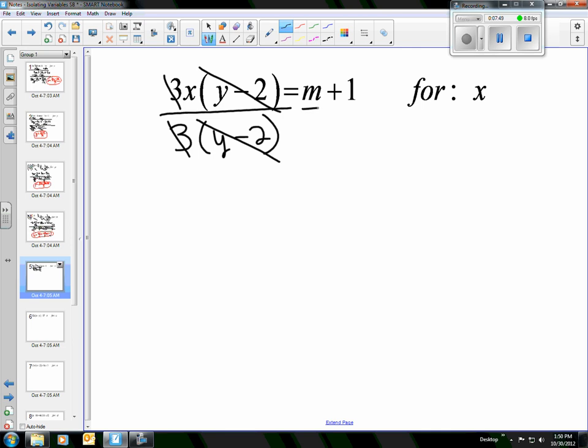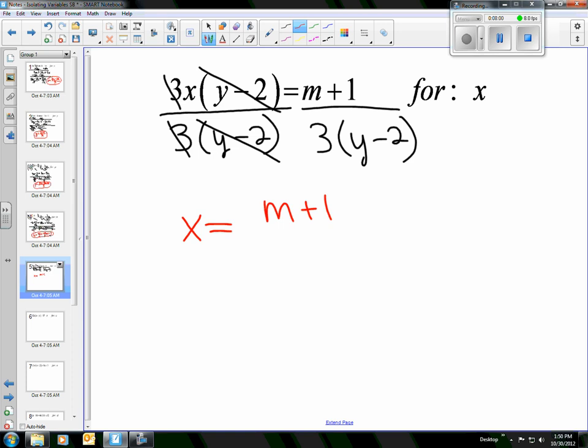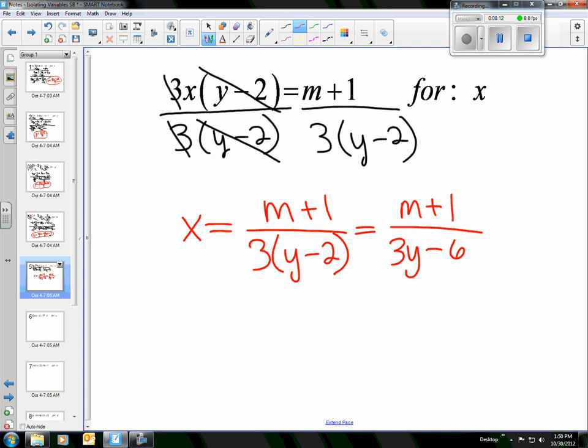And then on this side, we want to do the same thing. We would divide by 3 times y minus 2. So therefore, I can say my answer here is x equals m plus 1 all over 3 times y minus 2. And you could rewrite this. If you wanted to use the distributive property on the bottom, you could rewrite it as 3y minus 6. That would also be a correct answer.